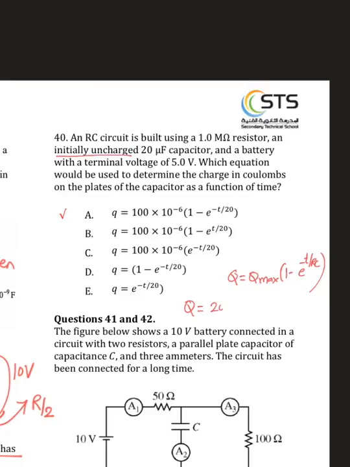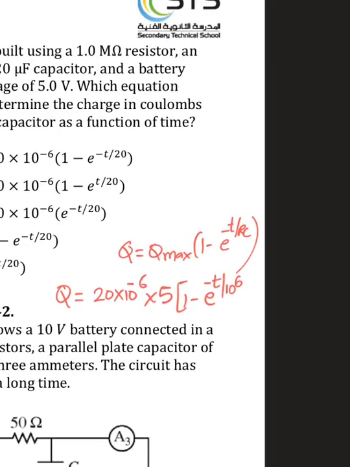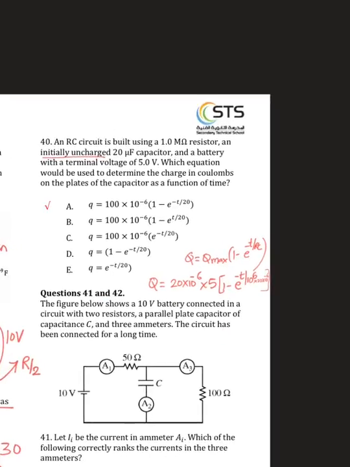C is 20 microfarad and voltage is 5. 1 minus e to the power of negative t. R is 1 mega ohm and C is 20 microfarad. So let's check.